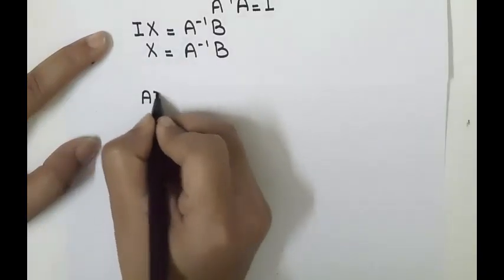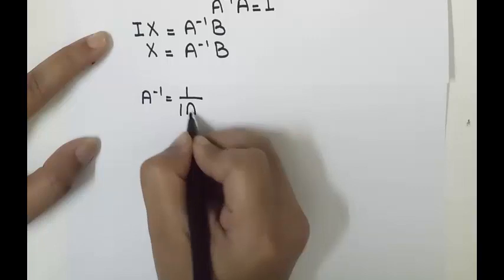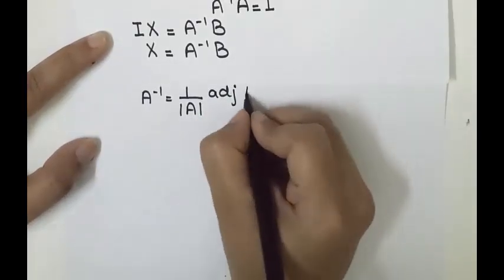The inverse is equal to 1 over determinant into adjoint of A.